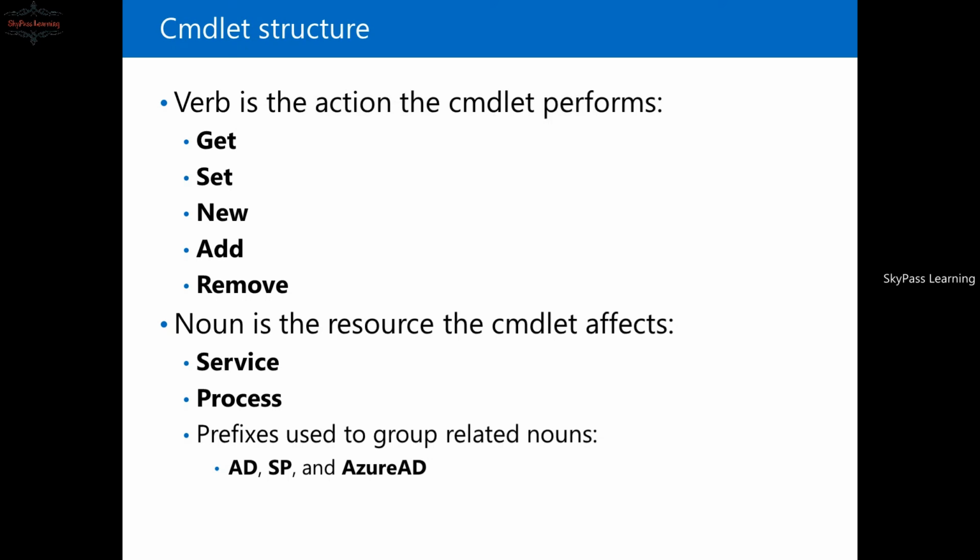If you are taking a service, it would be representing a service. If I'm taking a computer or user, it would represent a computer or a user as an object. It's not similar for all activity. But get always does the same work, even if you are using it for service, for process, for user, for computer, for anything. If you're using get, it always works in a similar way.